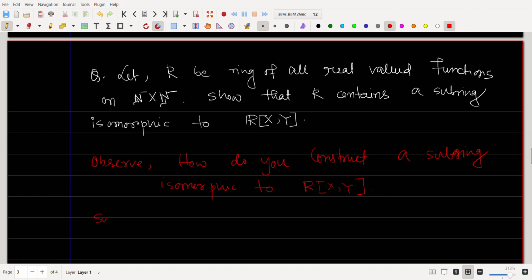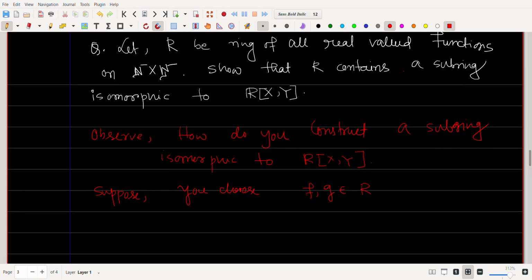So suppose you choose f, g from R, right? Then you can think of the polynomial ring in these two variables, right?